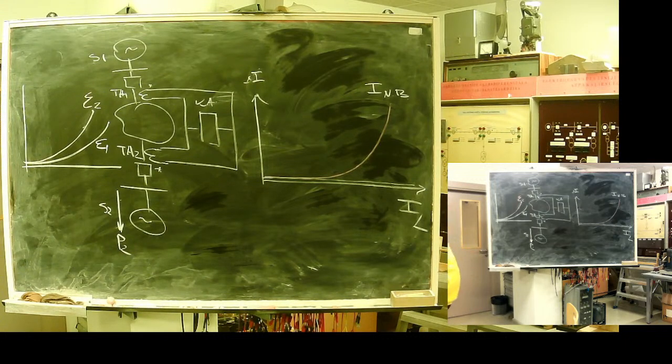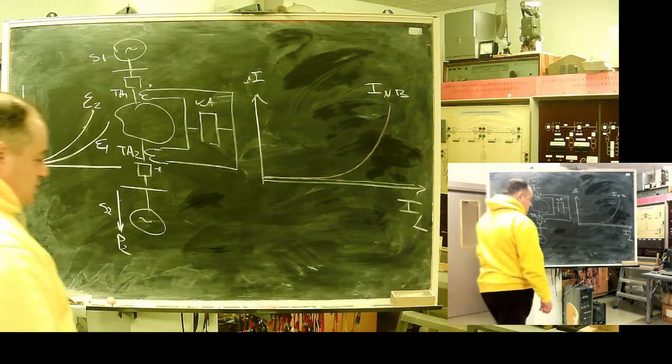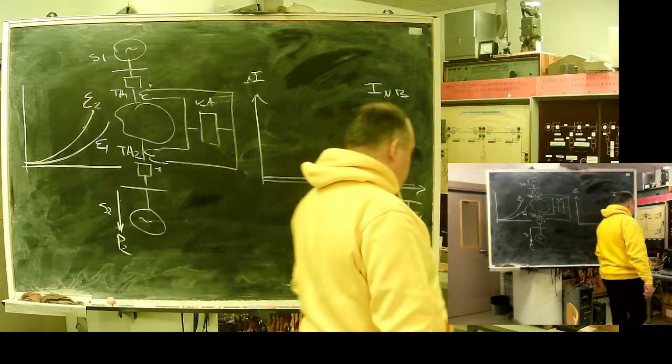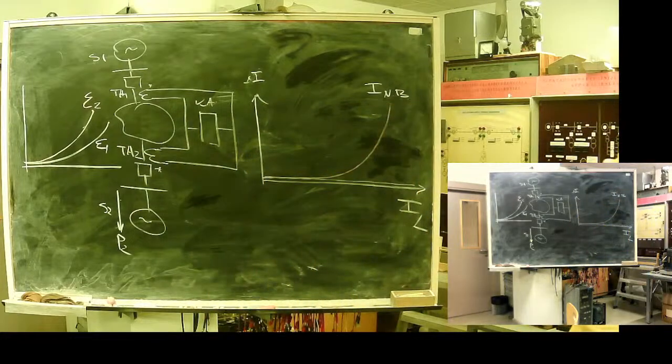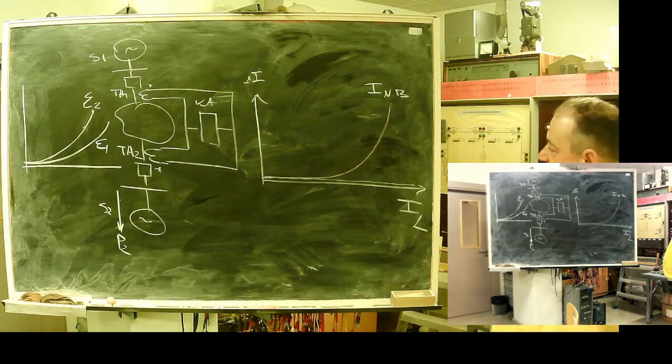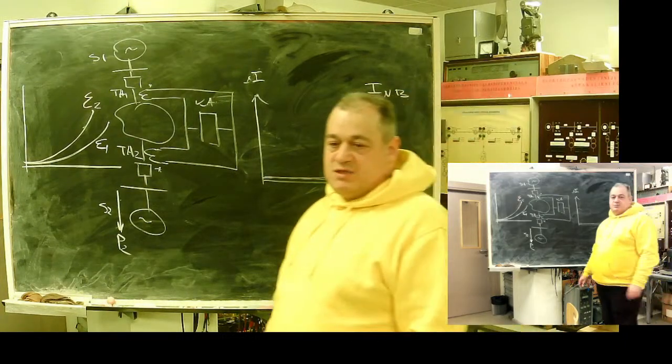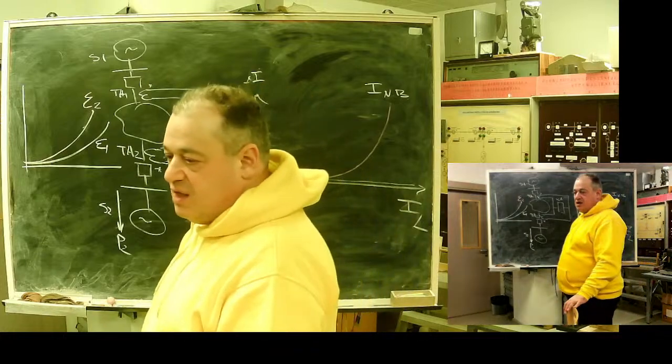It has something like this, only the knee point moves. The best sensors will have it far away, but somewhere this point exists.